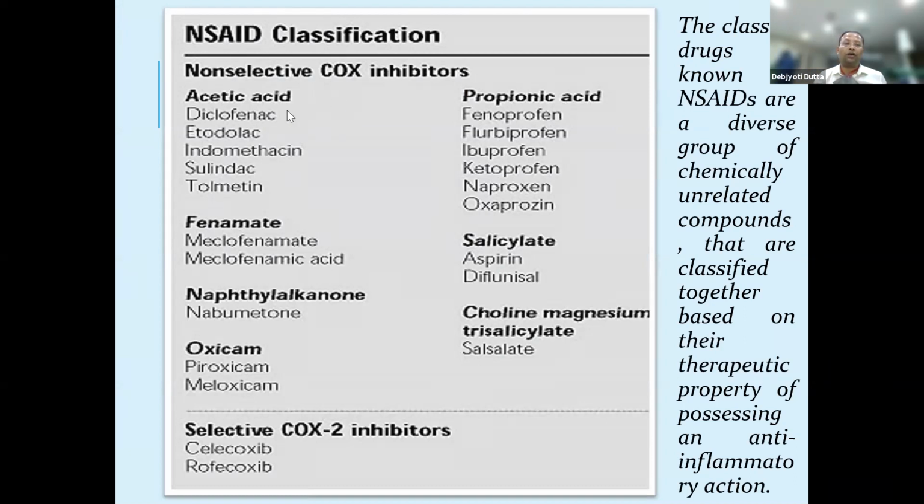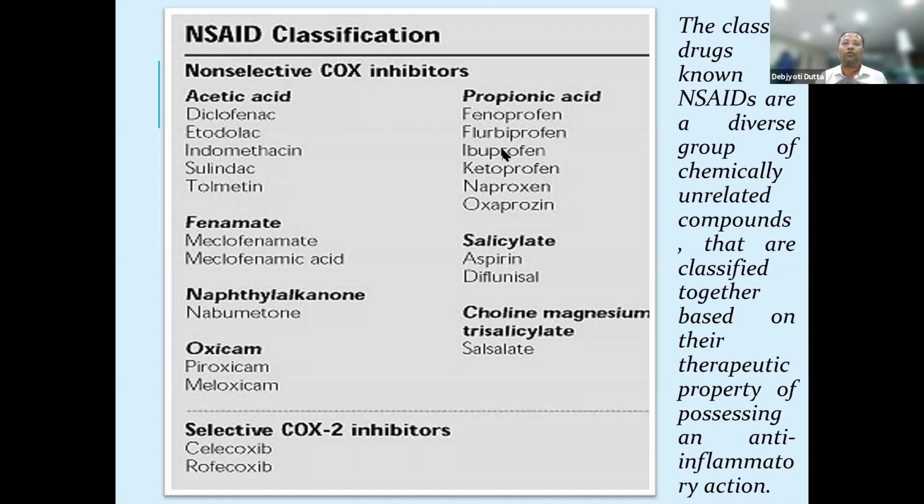If the patient doesn't get relief, then next time you cannot give a trial with the same group of drug. After diclofenac, you should not start etodolac. You have to search another group of drug.